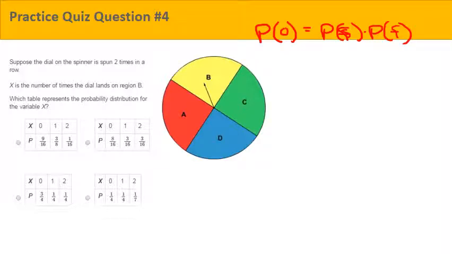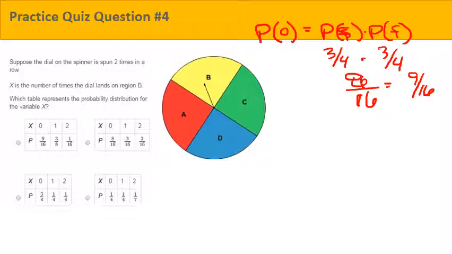So that means you would take the 3/4 times 3/4, which gives you 9/16. Okay? For the probability of 0.